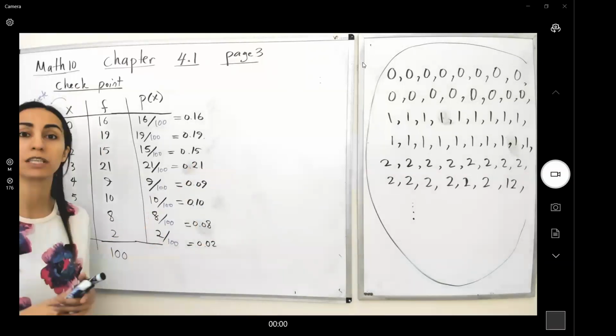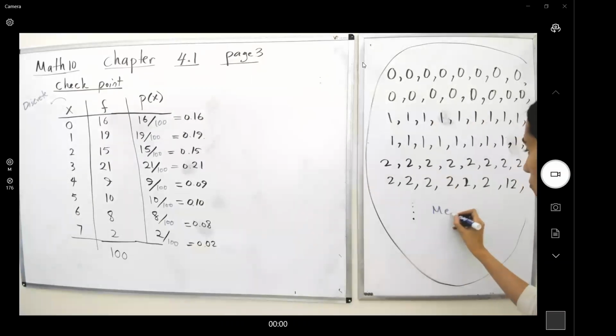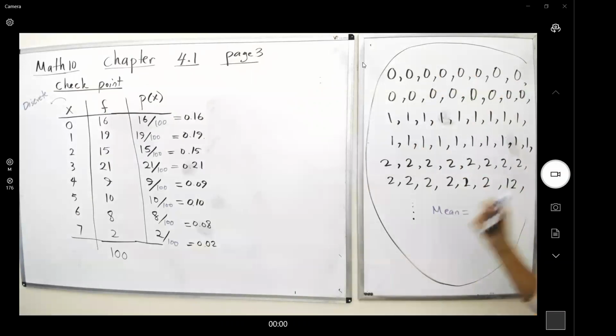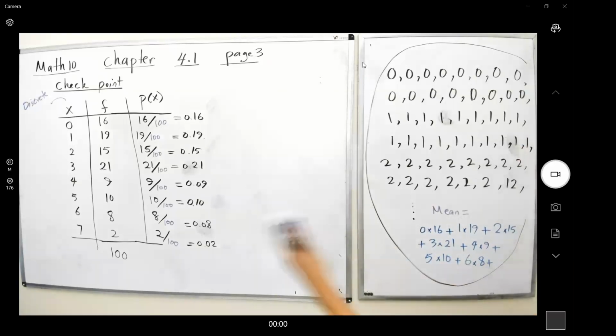I asked you to find the mean of the collection. How do you find the mean of the collection? To find the mean, you have to add all of these numbers together: 0 times 16, plus 1 times 19, 1 is repeated 19 times, 2 is repeated 15 times, plus 3 is repeated 21 times, plus 4 is repeated 9 times, plus 5 is repeated 10 times, plus 6 is repeated 8 times, plus 7 is repeated 2 times.